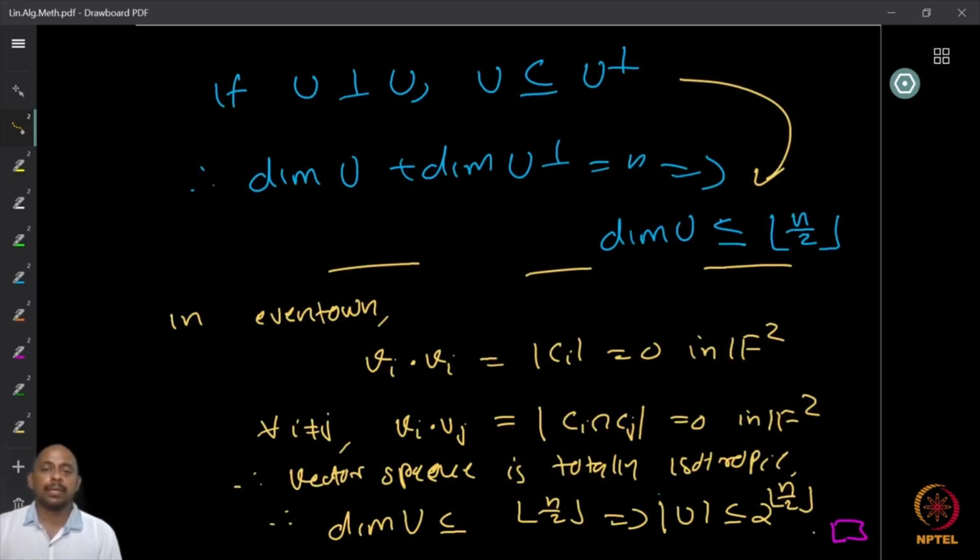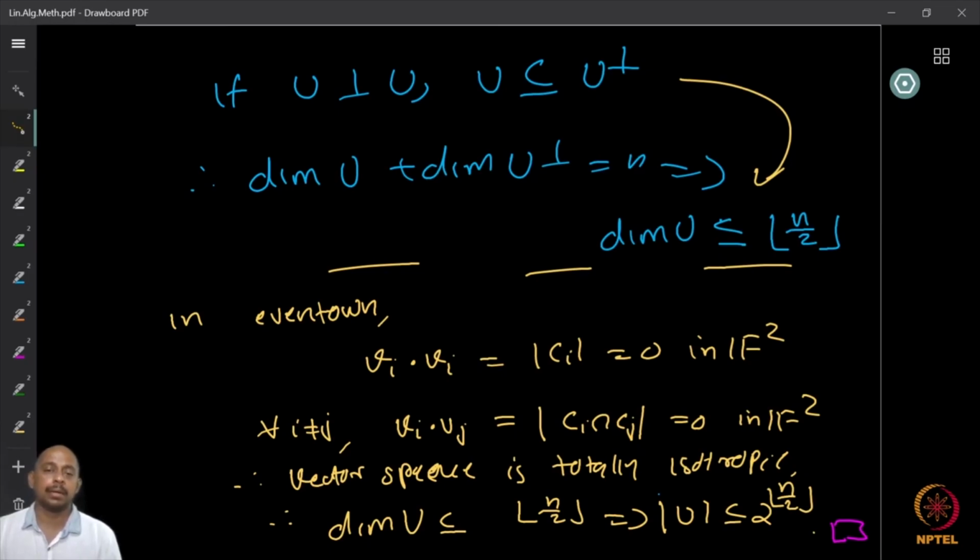Now, if U is perpendicular to itself, then U is a subset of U perp, because U perp is the collection of all vectors which are perpendicular to U. Now, the dimension of U plus the dimension of U perp equals n, from the previous observation.